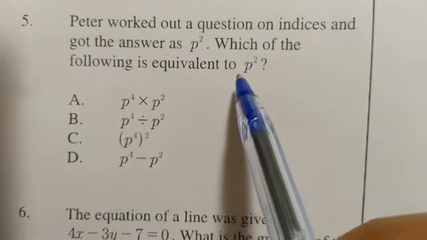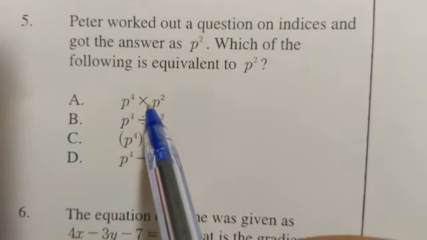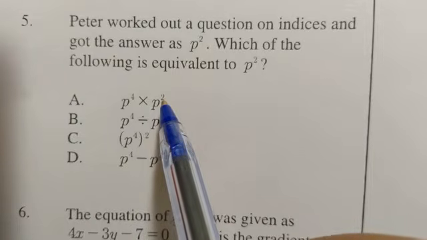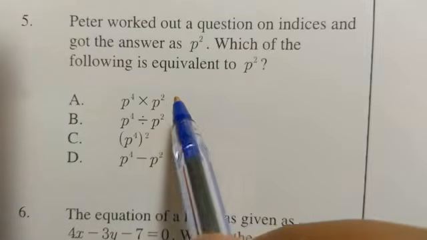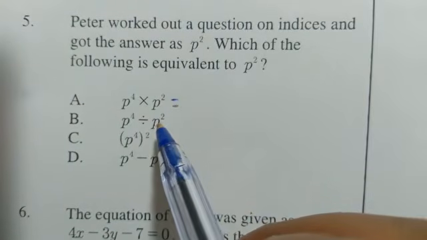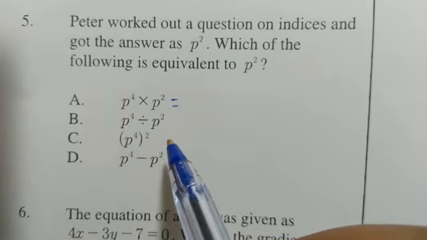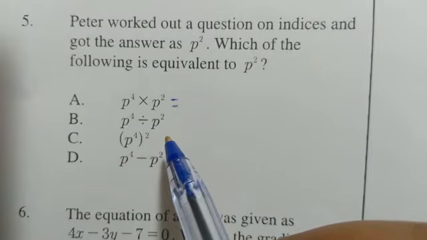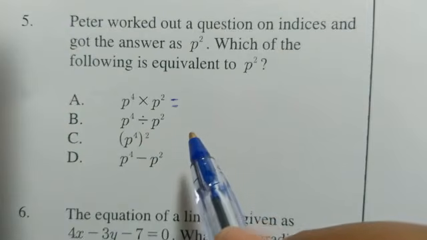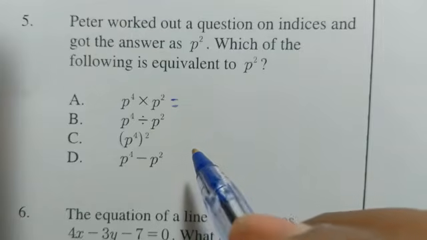So we have p power 4 times p power 2. So in multiplication of indices, when indices have the same base, and in between them we have multiplication, what we do is we add the powers.